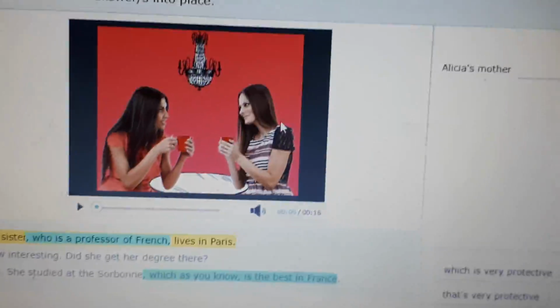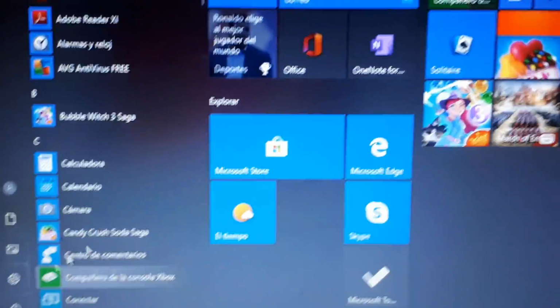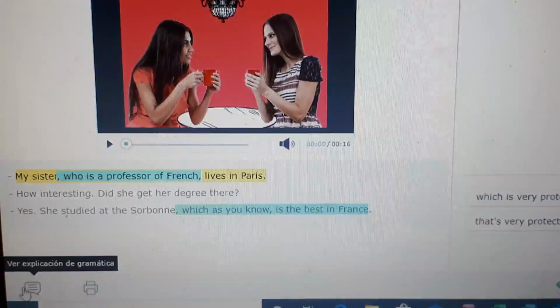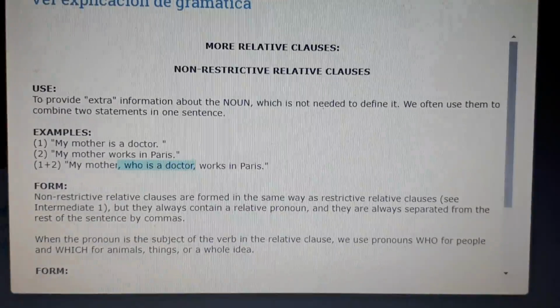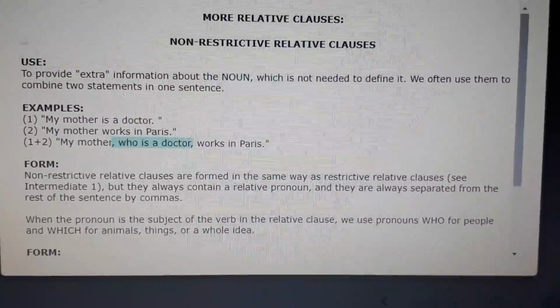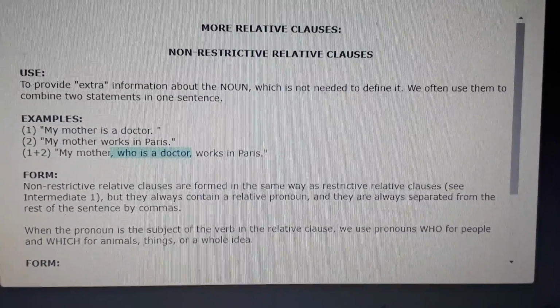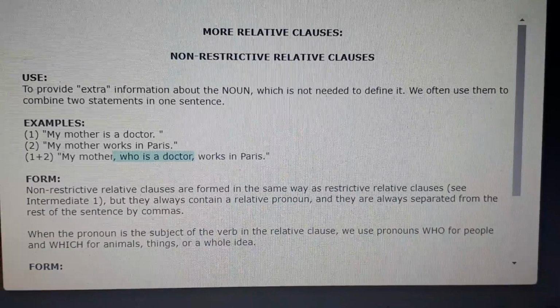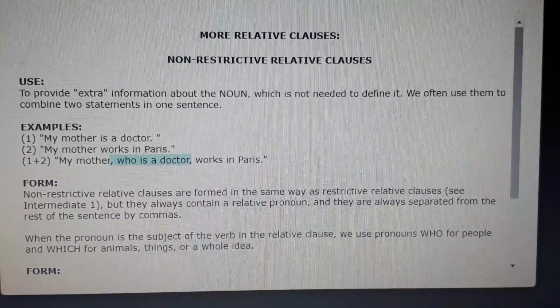Here we have further information about the class. It says: non-restrictive relative clauses are used to provide extra information about the noun which is not needed to define it.